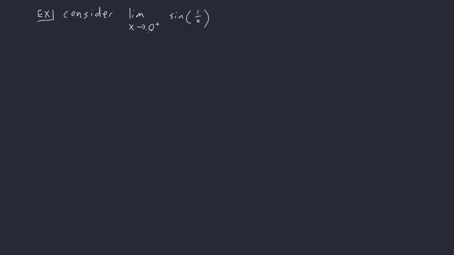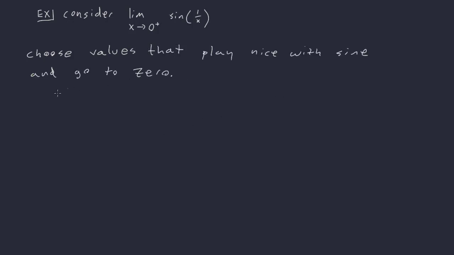We could pick things like 0.001, 0.0001, but instead I'm going to choose x values that play nice with sine. This is just for demonstration purposes, but we'll choose values that play nice with sine and go to 0.